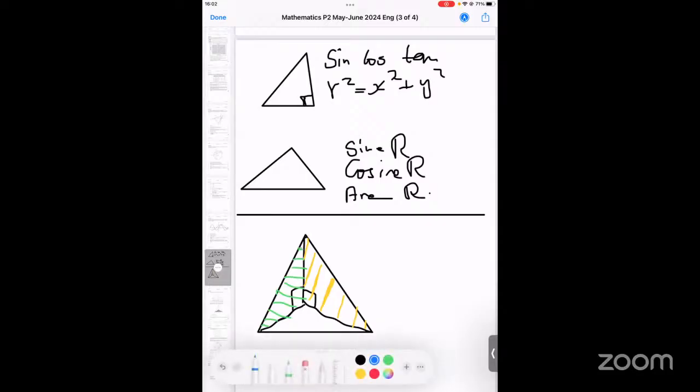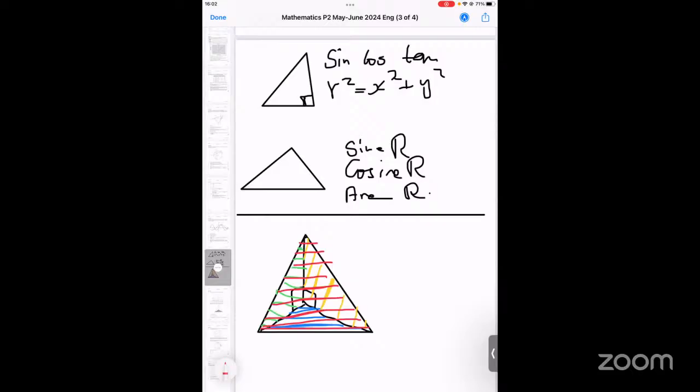And then you have this other one, which is just a triangle, which is not a right angle triangle. And then lastly, you've got this big one. So you've got too many triangles there, don't you? You just need to be aware that some of them are right angle triangles and some are not.